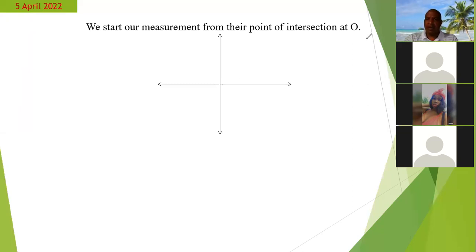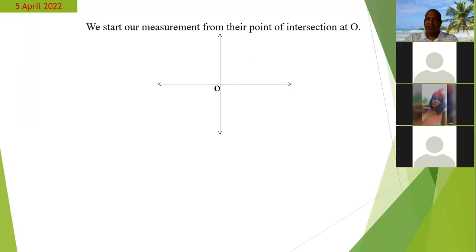Now, remember I was saying earlier that these are two number lines, and if you put them to cross where you start your counting, so wherever you start 0, and remember that a number line has positive and negative values and 0.